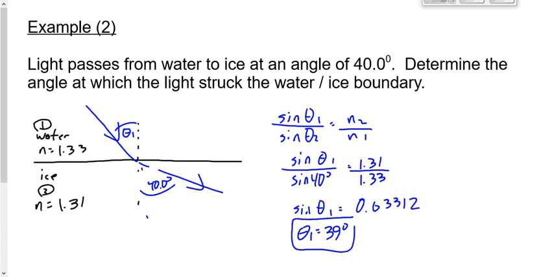Is that a reasonable answer? N went down by just a little bit. So we would expect theta to go up by just a little bit. Did it go up? Yeah, from 39 to 40 by just a little bit.